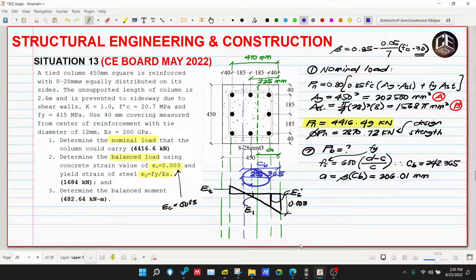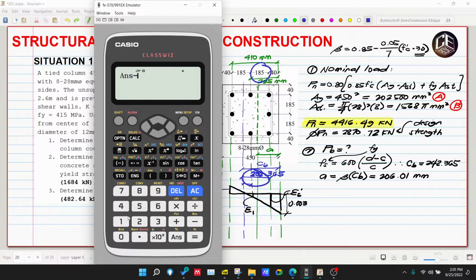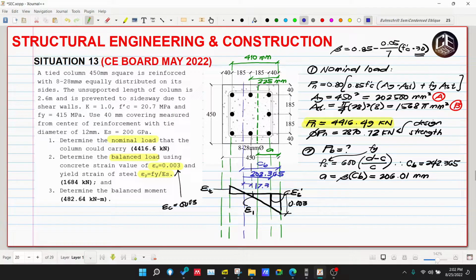Tapos, yung maliit, ilan yan? CB, no? Okay. So, 202.365 then minus 185. Pagpasensyahan nyo na yung journal, naglalag talaga siya. 17.365. So, this is 17.365. Ayan, umayos na.